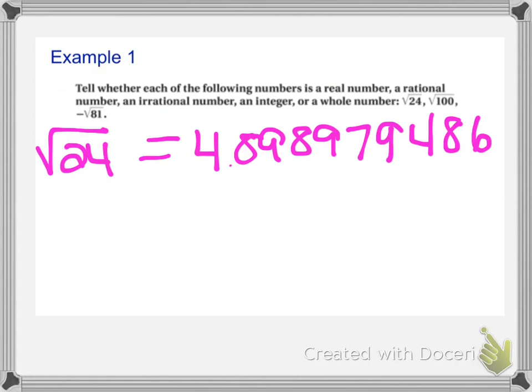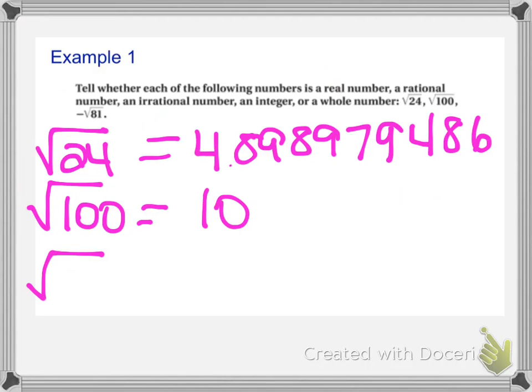The next example they give us is the square root of 100. The square root of 100 is 10. Then we have the negative square root of 81. The negative square root of 81 is negative 9.